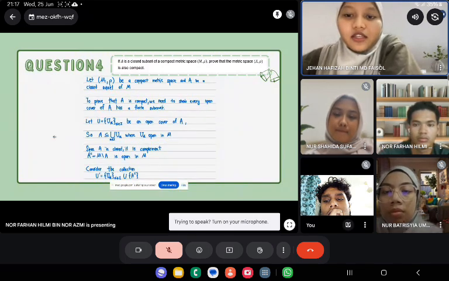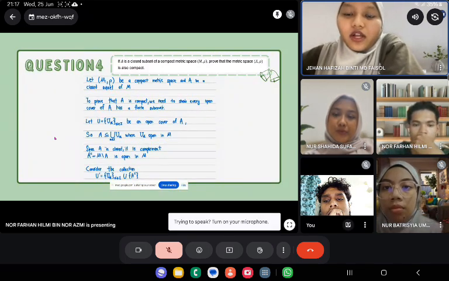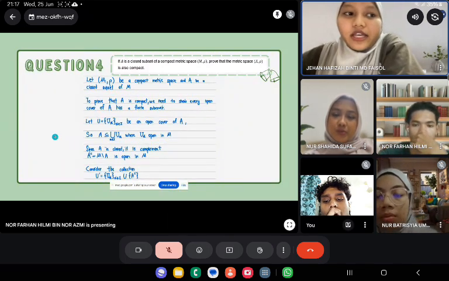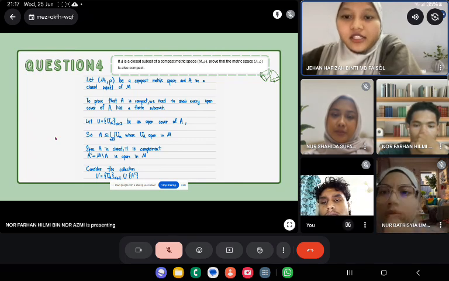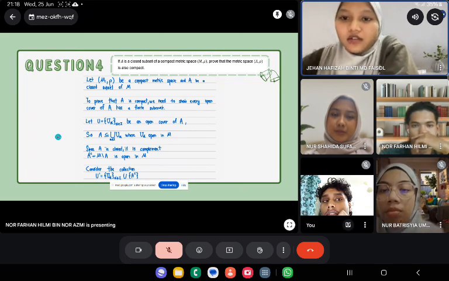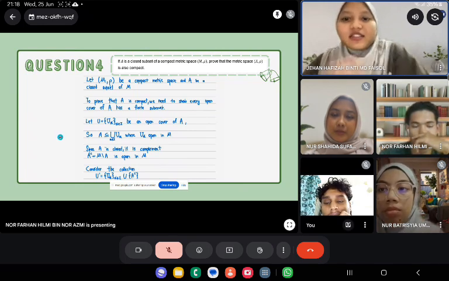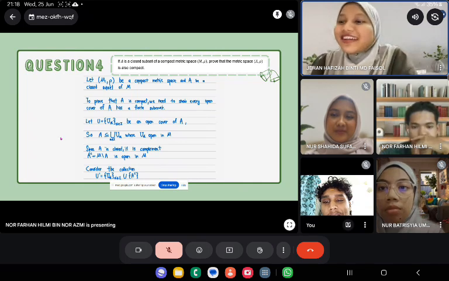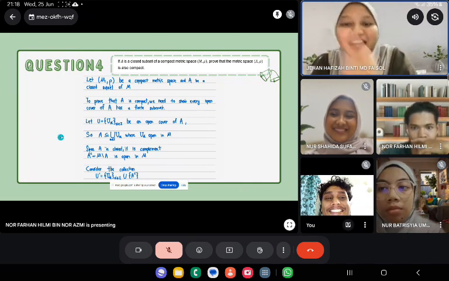Then we let U alpha equal to V alpha intersect with A. We use V so that we don't get confused.